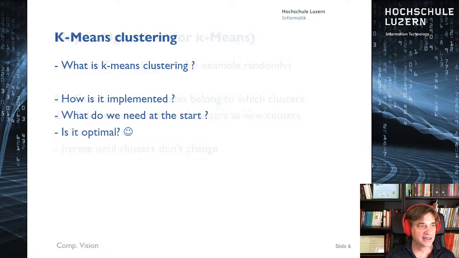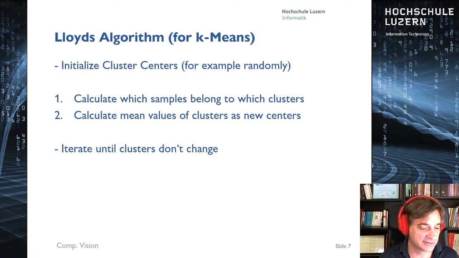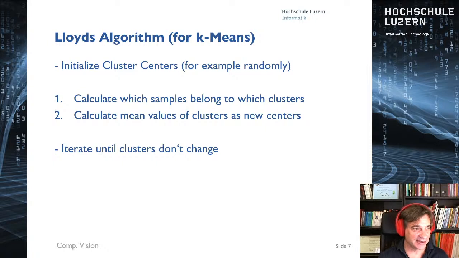How is it implemented? One of the most often applied algorithms for k-means, usually just called the k-means algorithm, is a little more correctly called Lloyd's algorithm. How does it work? Iteratively, as has been said. You initialize some cluster centers, for example randomly, and then you just do 2 steps. You calculate which samples belong to which clusters, and then you calculate the mean values of those clusters, and those mean values become the new cluster centers.